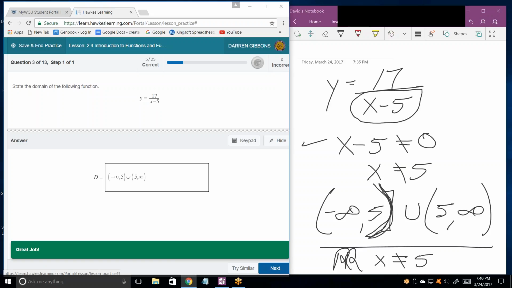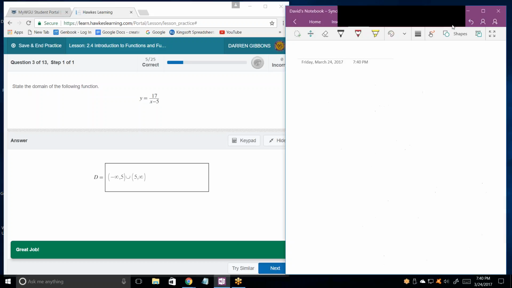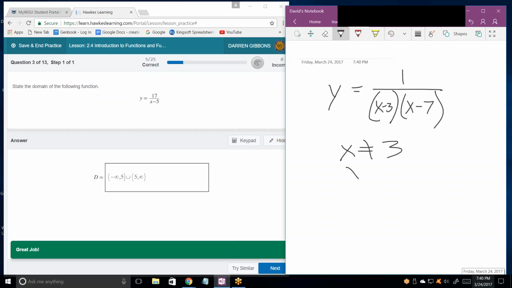And the advantage of interval notation is sometimes you can have lots of intervals. For example, if I had a function y equals 1 over x minus 3 times x minus 7, notice what two values x cannot be. x cannot be 3 or 7.